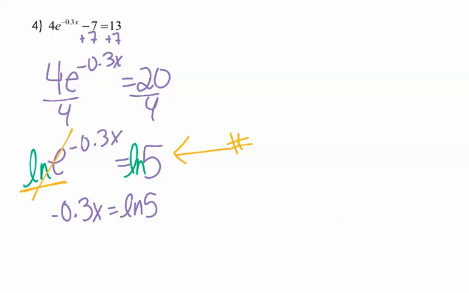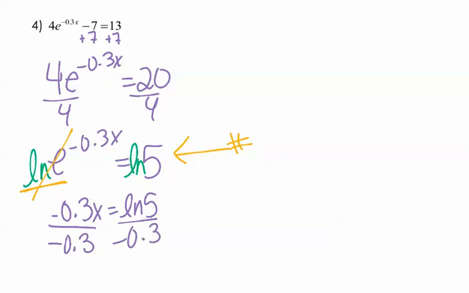I really recommend that you leave that in your calculator. So type it in your calculator, natural log of 5. You're going to see you get a whole string of numbers, like 1.609437912. Leave that in your calculator and then divide by negative 0.3. And that's going to give us our most accurate answer.